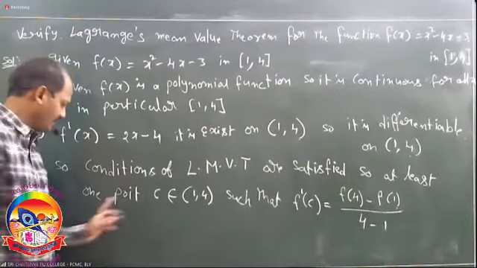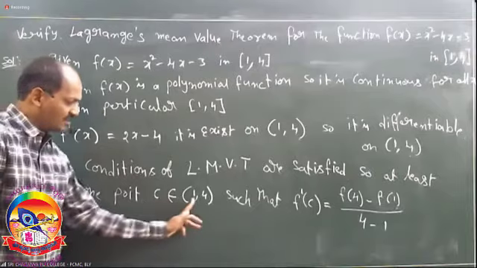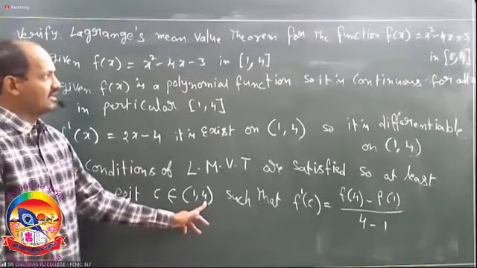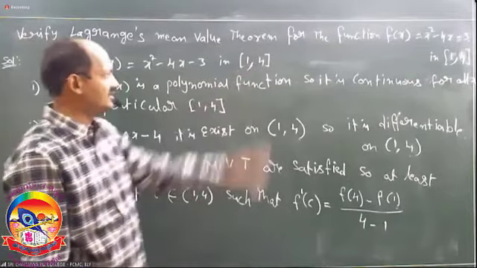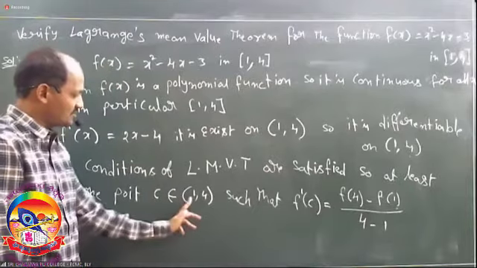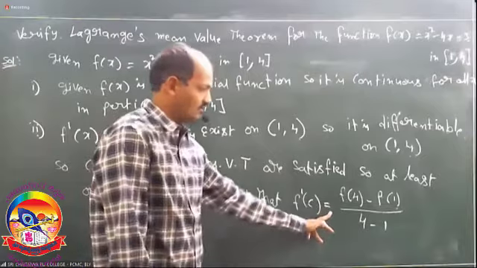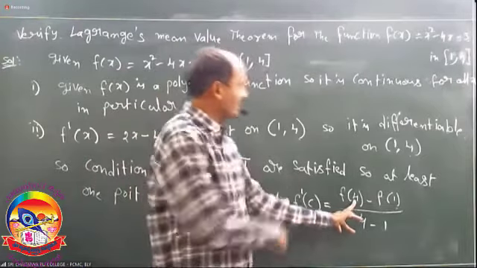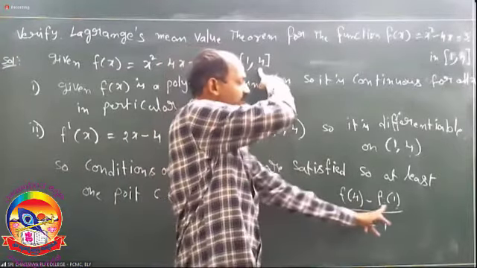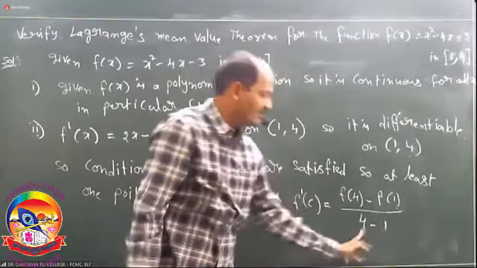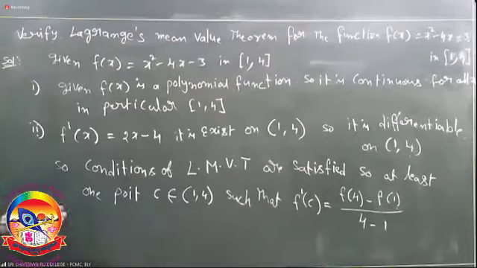Generally, the condition is at least one point C belongs to A comma B. Here A is given 1 and B is given 4. C belongs to 1 comma 4 such that f dash of C is equal to the formula f of B, B value 4, minus f of A divided by B minus A. Okay? Write down. Continuation is also there. We will discuss. First, write down.